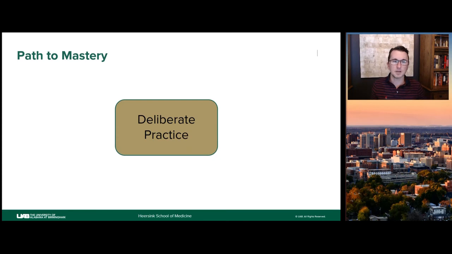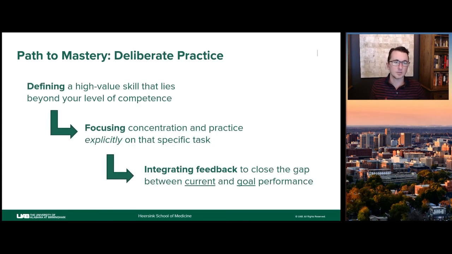Okay. Let's talk about deliberate practice. Now, many of us kind of do this without actually using the term, but I want to break it down and kind of give some examples. So, deliberate practice is defining a high-value skill that lies beyond your level of competence, and then focusing concentration and practice explicitly on that specific task, and then integrating feedback to close that gap between current and goal performance.